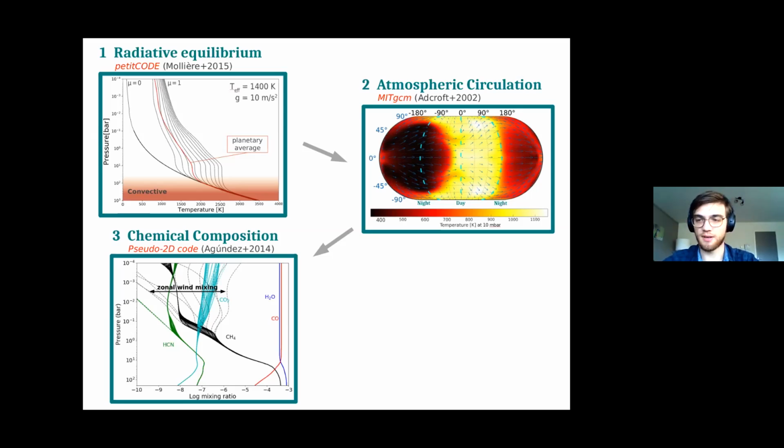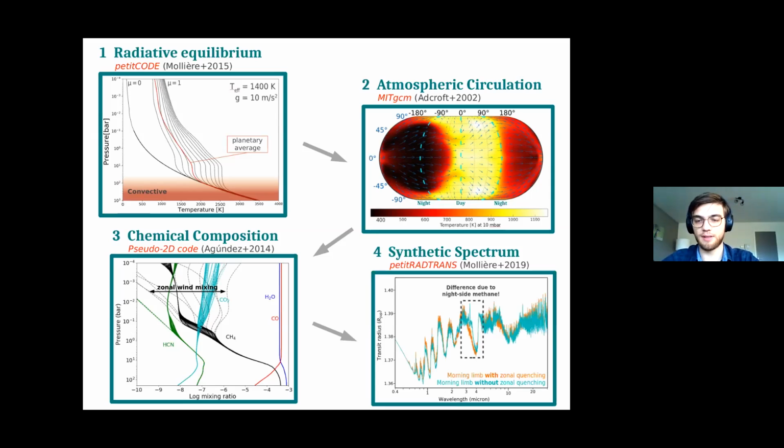The dimensions are the vertical dimension, which we always take, of course, and then also the longitude dimension. So it's basically an equatorial band around the whole planet. And then this gives us the chemical composition. And finally, we use yet another code to compute a synthetic spectrum from that.